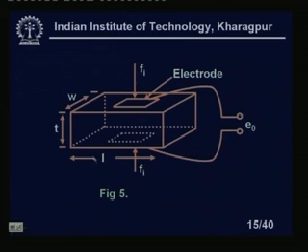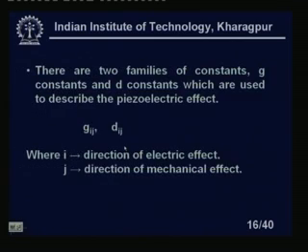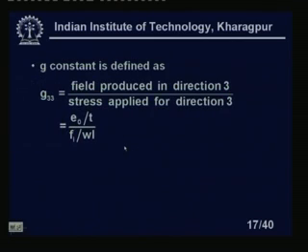You see the force applied is Fi and the area of cross section is width W into L. So, if I divide Fi by W into L, I will get the stress, and E0 divided by T, I will get the field, is not it. So, E0 by T upon Fi by WL.